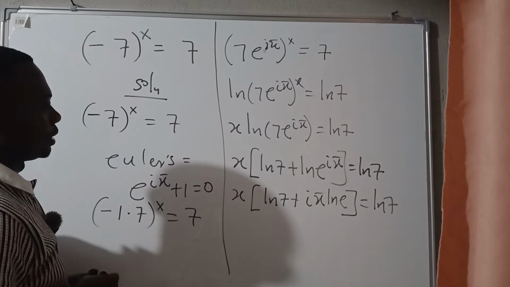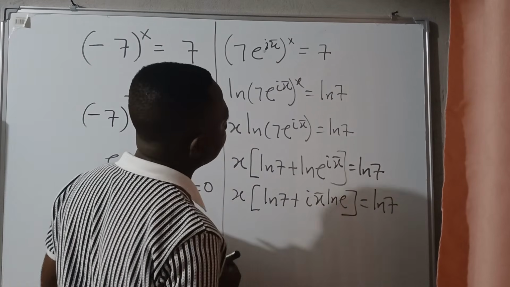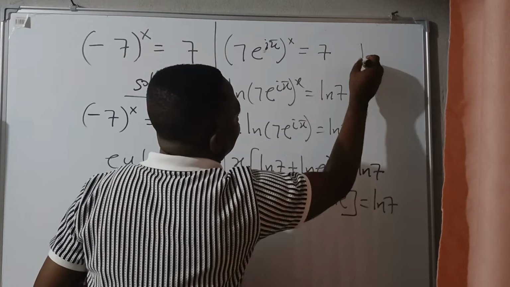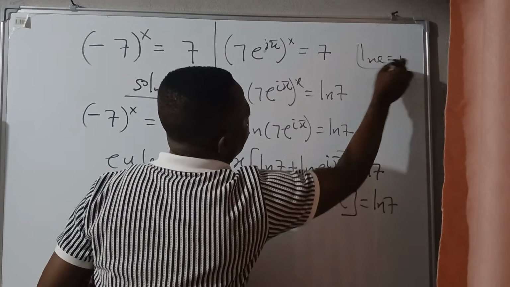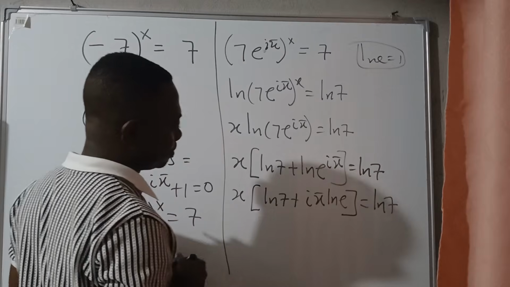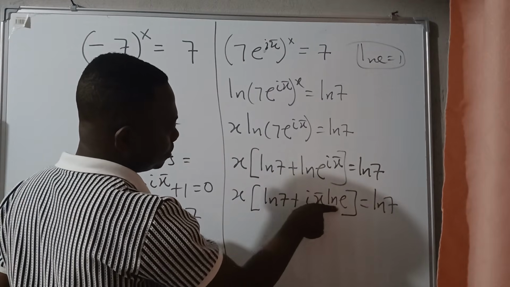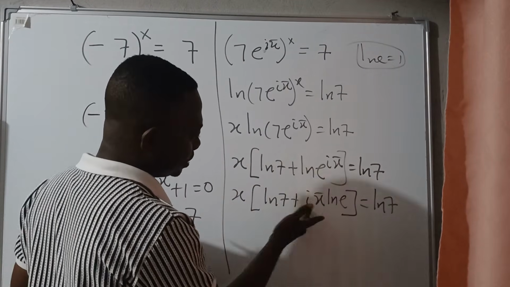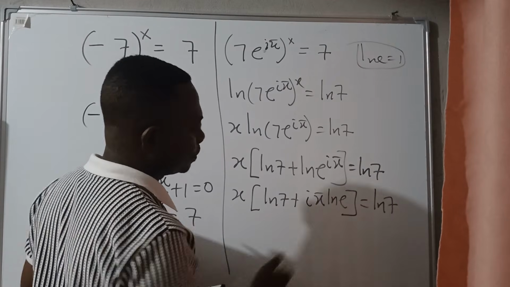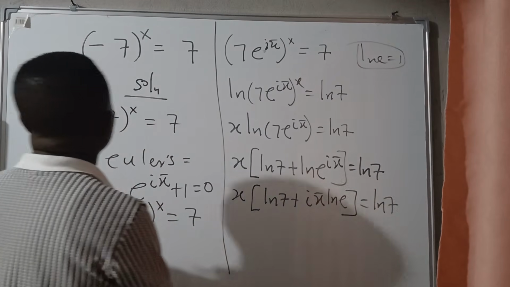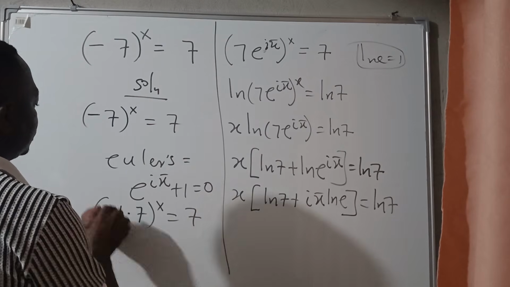Now let's understand that ln of e is 1, so in place of this, we can put 1 there, and this is iπ times 1.